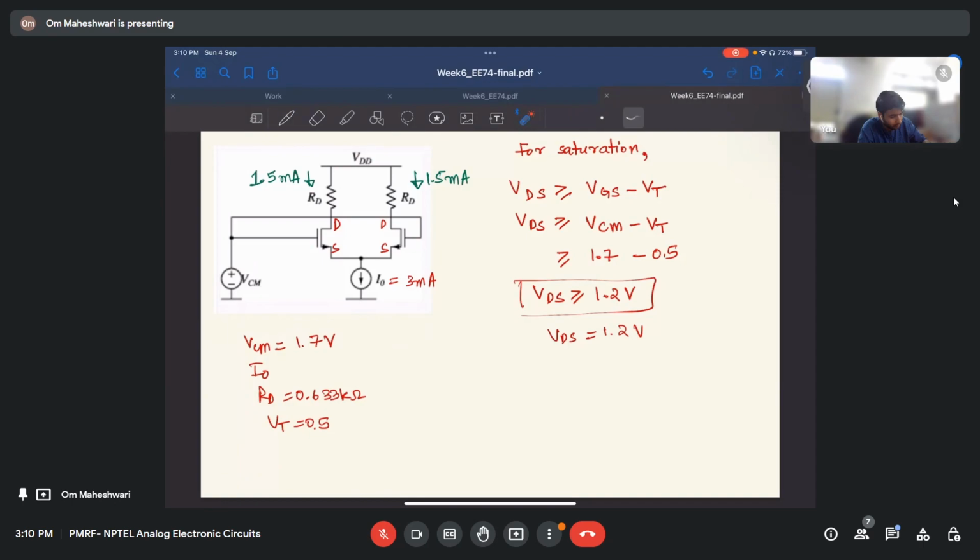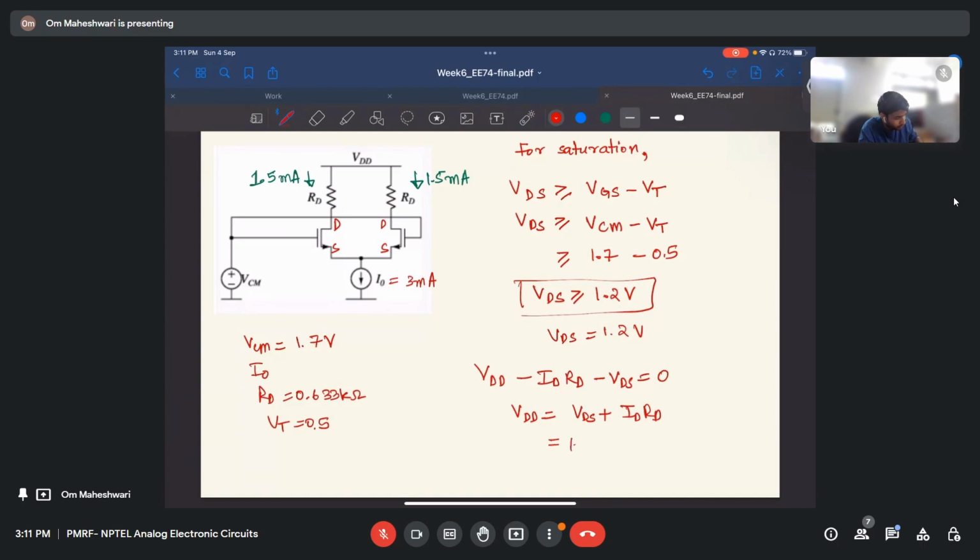Now let us apply KVL in this branch. VDD minus ID RD minus VDS equals 0. So VDD equals VDS plus ID RD. Here the drop will be ID RD and here it will be VDS.